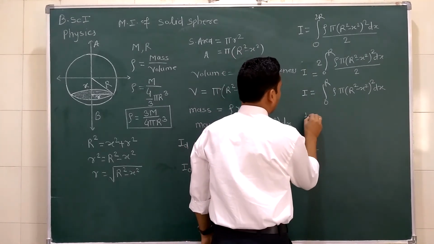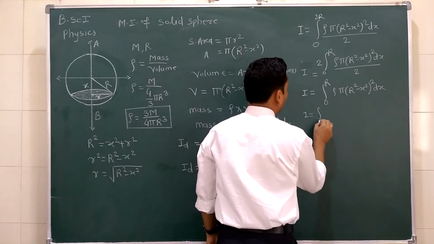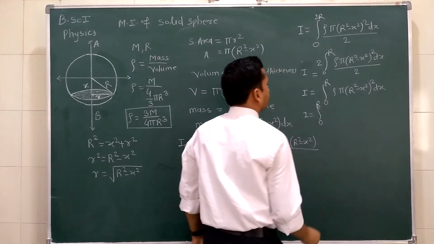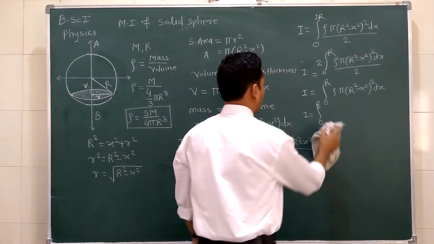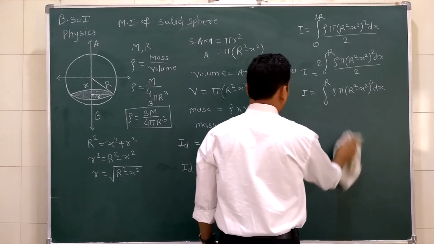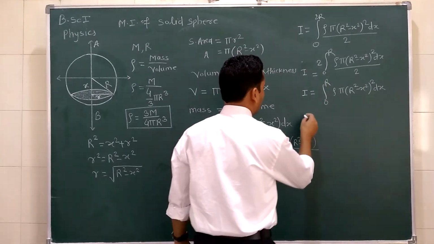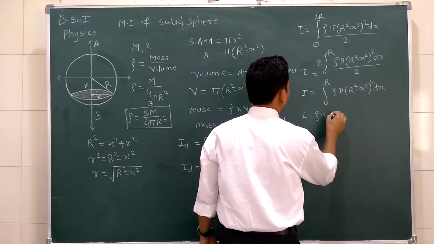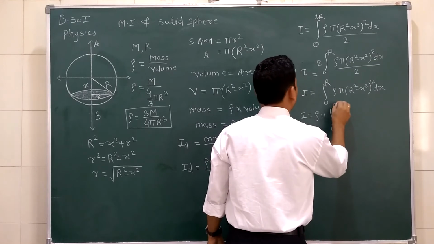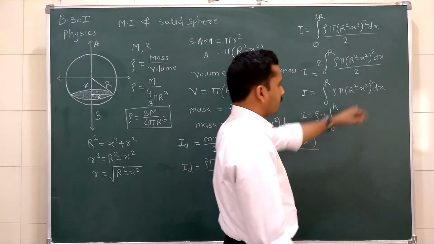So this I is equal to the integration from 0 to r. We can take out the common terms from the integration sign. So we can write I is equal to rho multiplied by pi, integration 0 to r, and we are going to square this bracket.